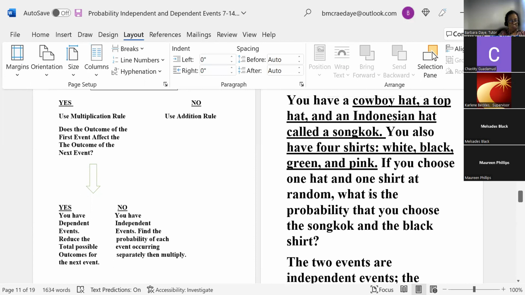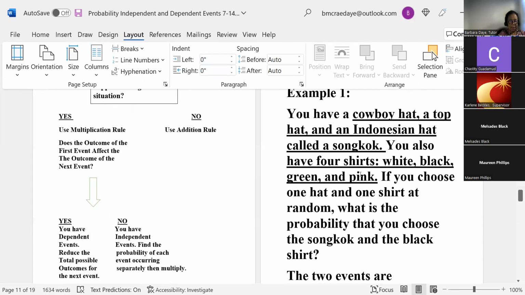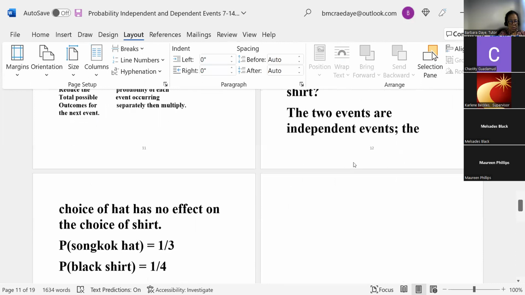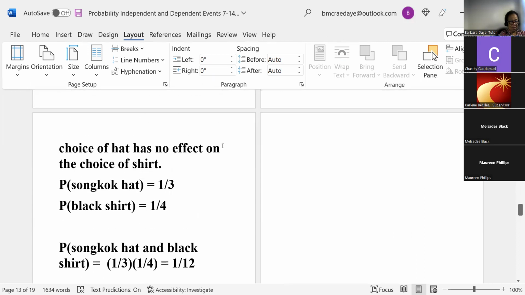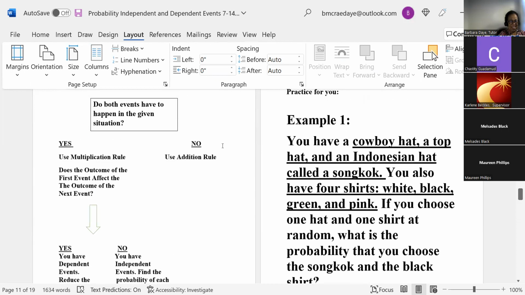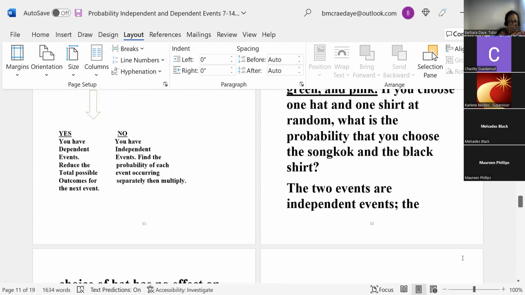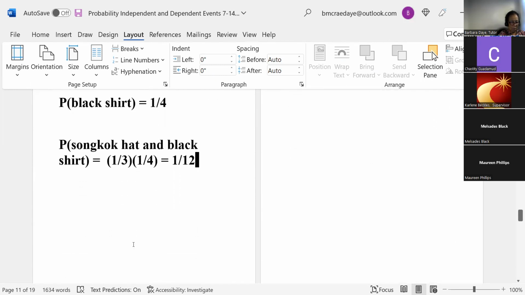Now, Mercedes, what's the probability of a cowboy hat and a white shirt? A cowboy hat and a white shirt. I'm sorry. There are 3 hats and 4 shirts. So I ask you, what's the probability of a cowboy hat?